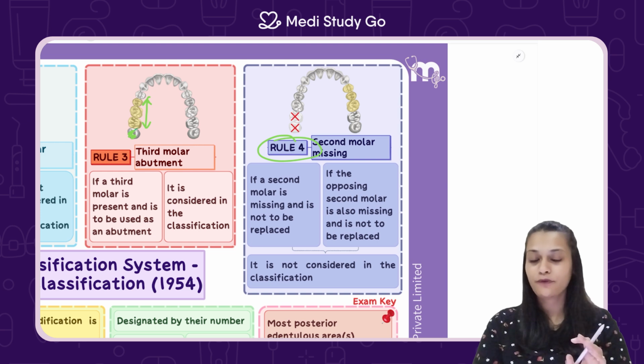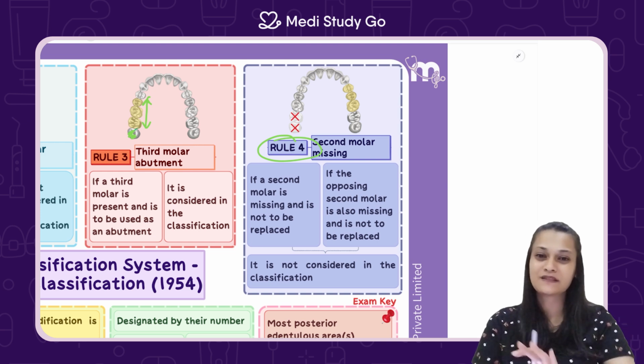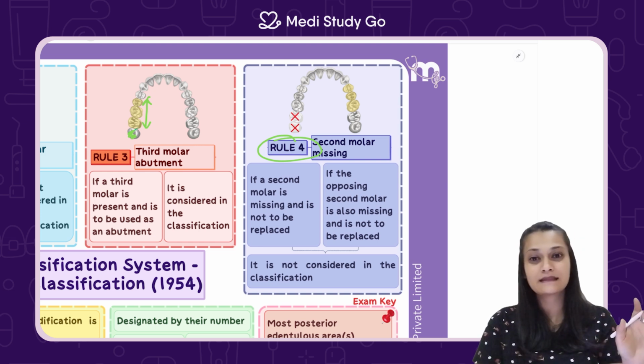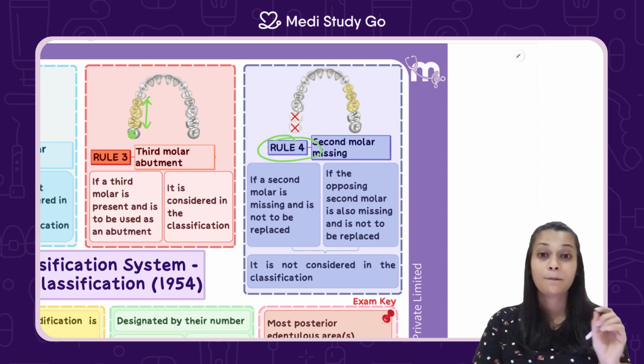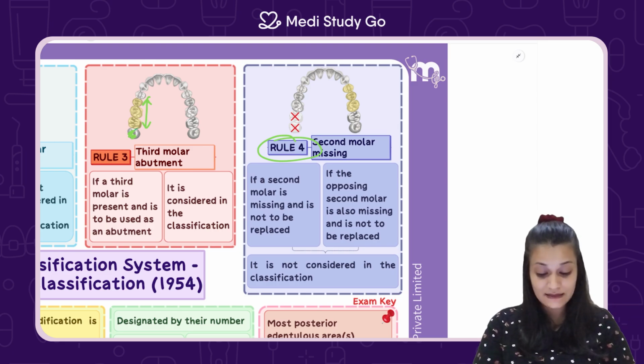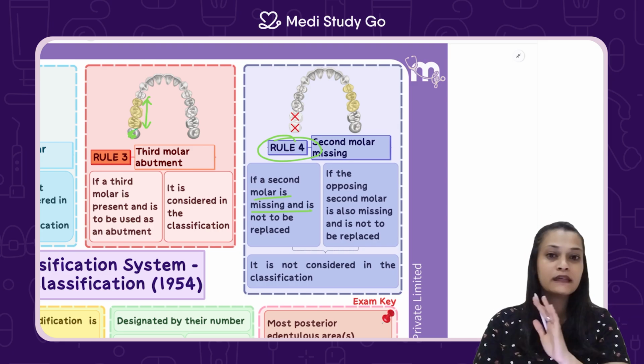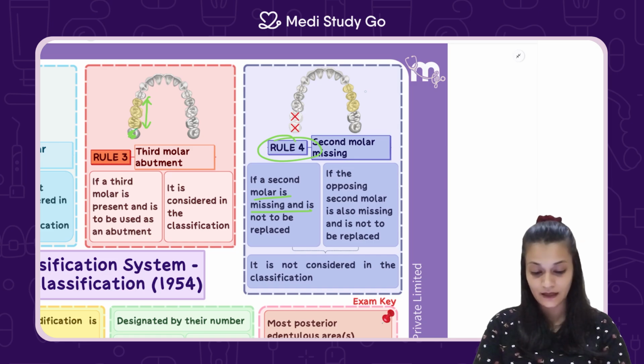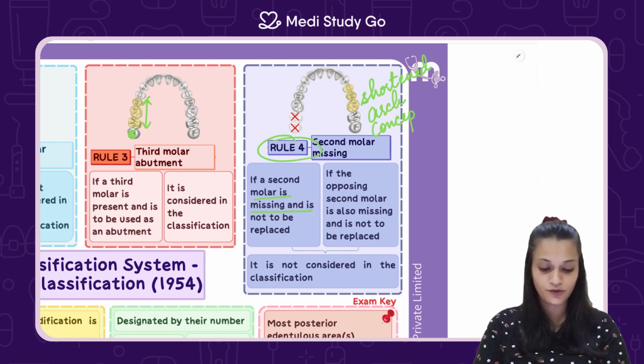Now rule number 4 says that if the second molar is present, consider it. But if the second molar is missing and you do not want to replace it, there is a concept known as the shortened arch concept, in which you rehabilitate from 6 to 6.